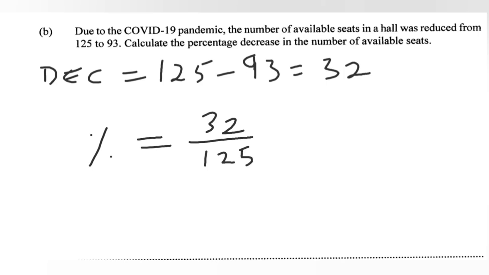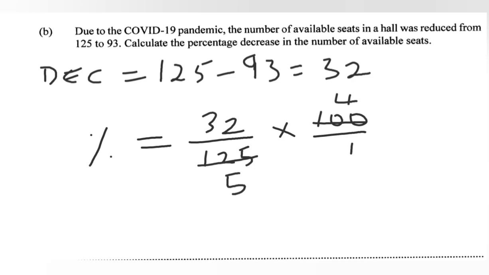And to get it to become a percentage, we're going to multiply by 100 over 1. Readily, we can see that 25 can go into 100 4 times and into 125 5 times. So we're going to check if there's anything that can be reduced. Not seeing anything readily.